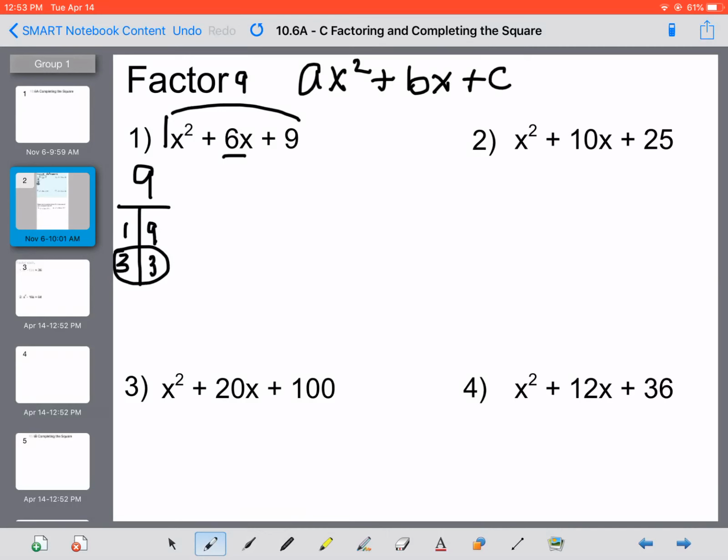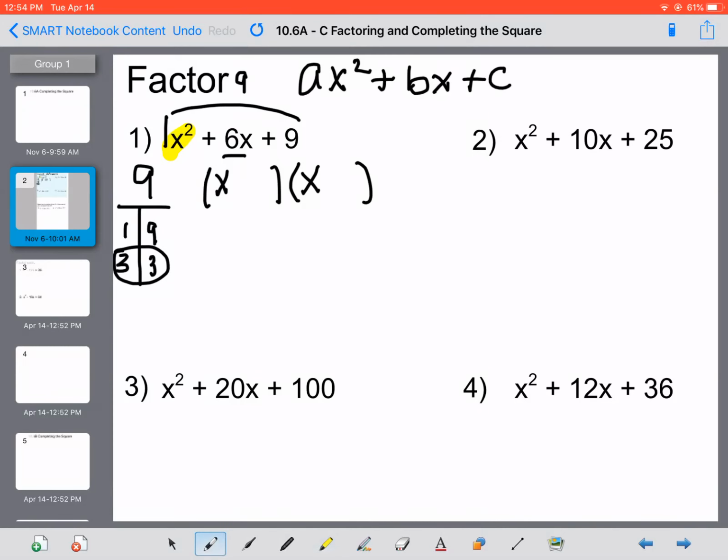Because a is 1, we know that when we factor, we're factoring it into two binomials. So if we write x there and x there, that's where that x squared is coming from.